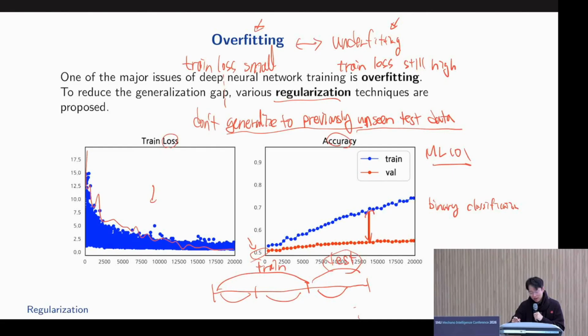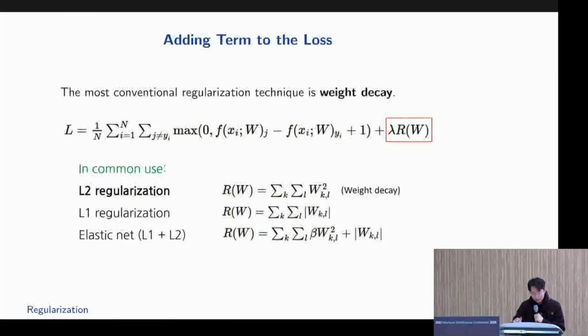So how do we make the model learn more general concepts? One way to do this is to use regularization. And we have already seen L2 regularization, I think. This is often called weight decay. Sometimes it's called L2 regularization.